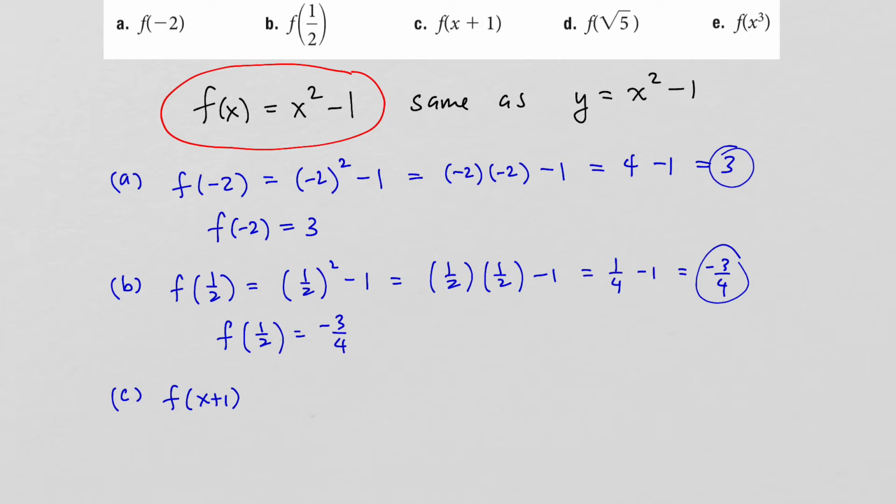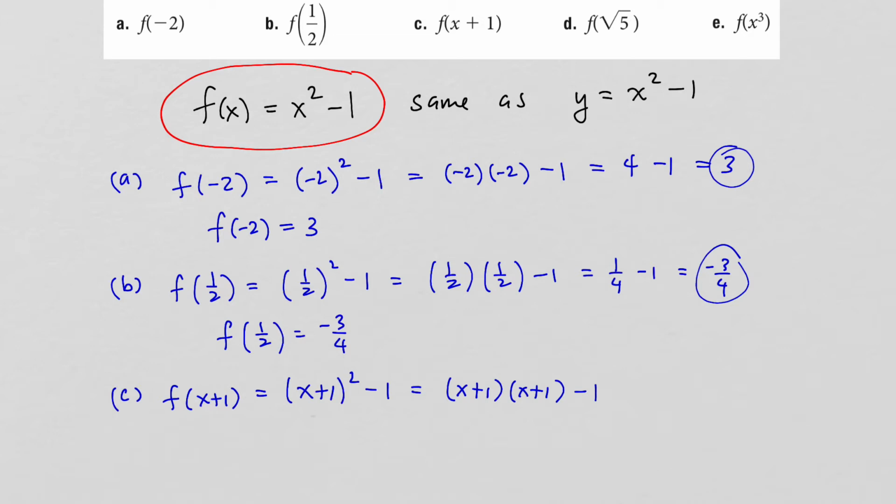So f of x plus 1 means that I'm going to replace the x here with x plus 1. And that means I need to replace the x on the other side with x plus 1. So according to the rule for this function, this is equal to x plus 1 squared minus 1. And this is x plus 1 times x plus 1 minus 1.